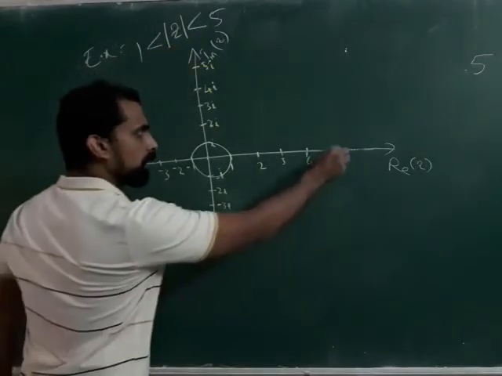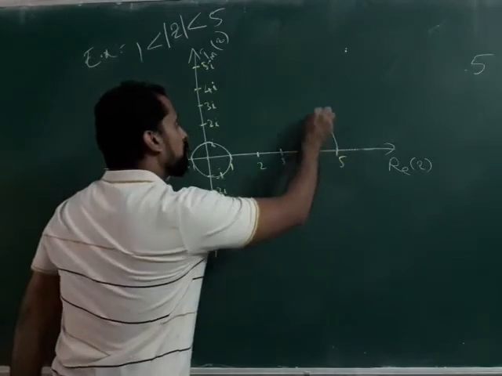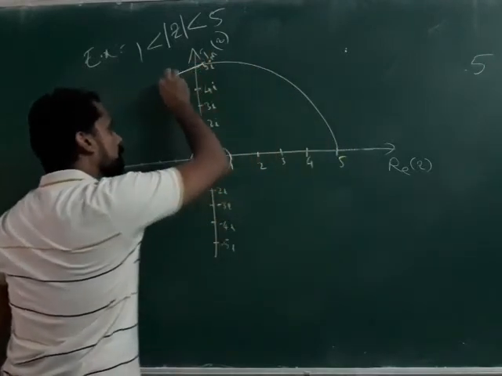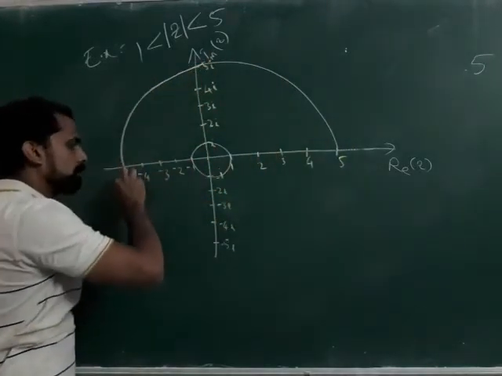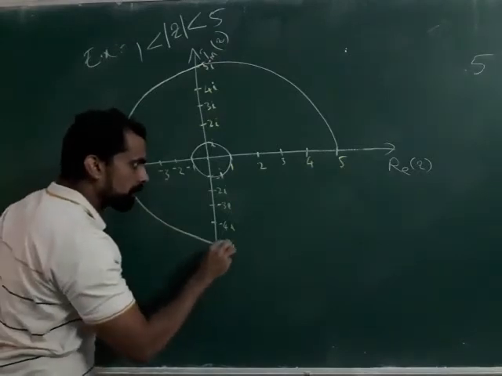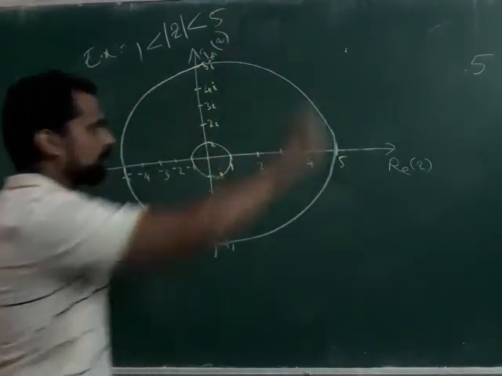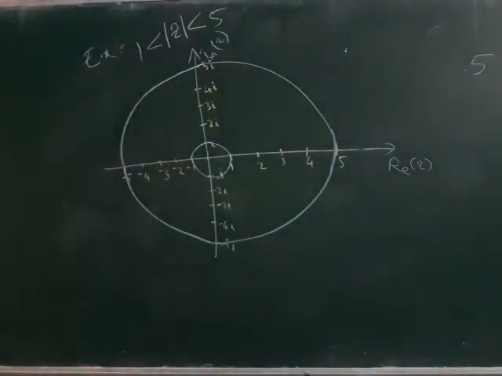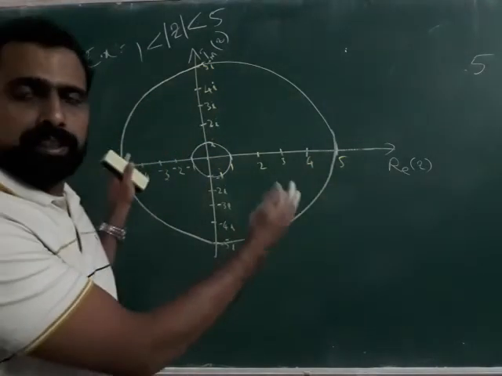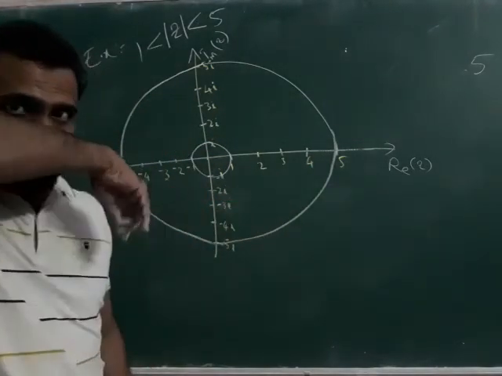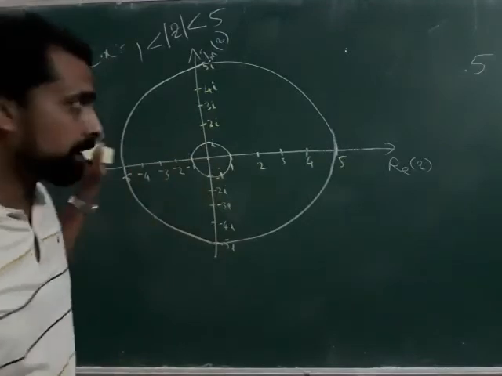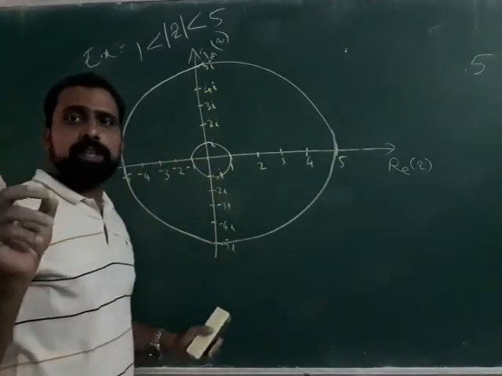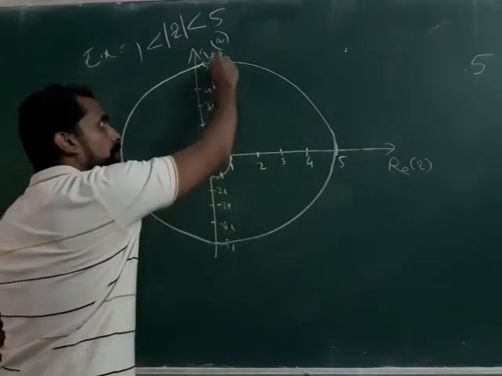So you have to draw another circle with radius 5. Okay, my drawing is not that perfect. You have to understand the concept basically. And now where is your region? Your region is this one.